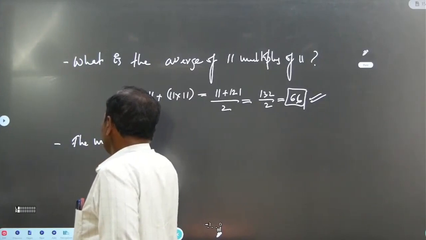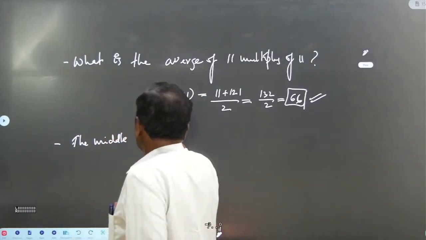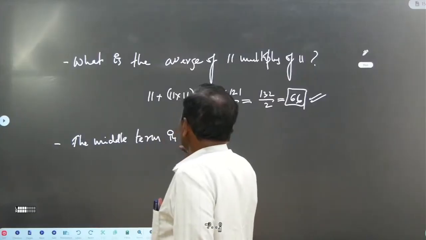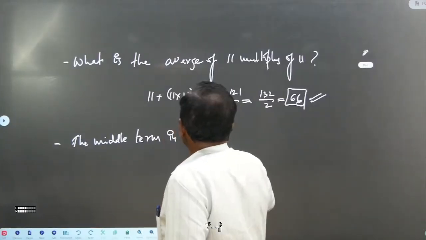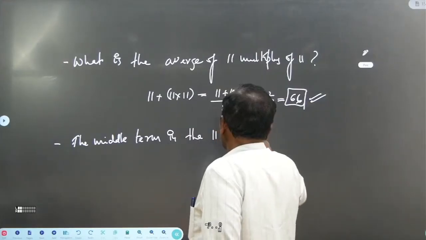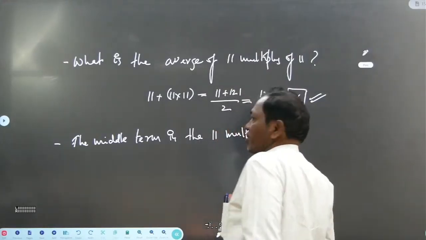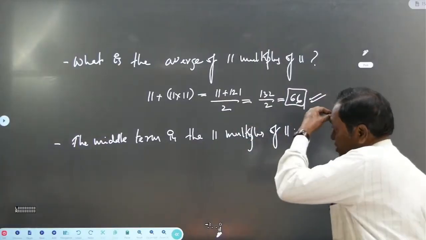The middle term in the 11 multiples of 11 is 66.